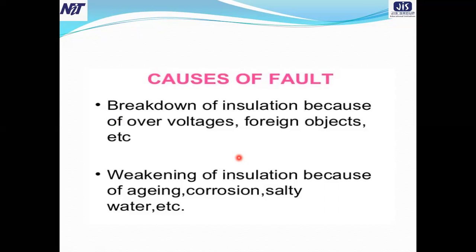Next, the second one: weakening of insulation because of aging, corrosion, salty water, etc. For these reasons, the insulation also breaks down sometimes or becomes weak. That's the main or fundamental cause of the fault.